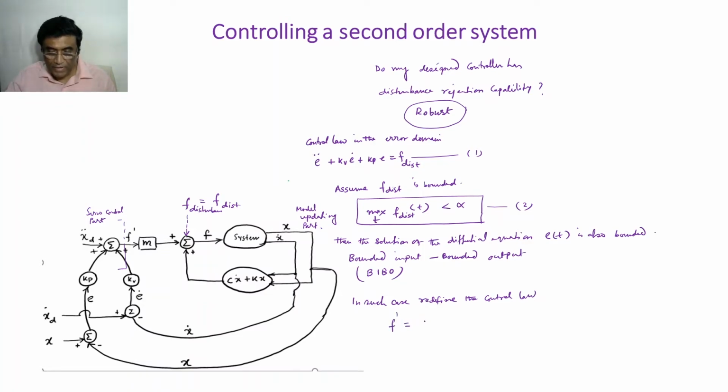This was equal to x double dot desired plus kv e dot plus kp e, right? So earlier this was it. So I need an additional term having another gain parameter attached to it, an accumulation of error term, integration of e dt. So this is the definition of my control.